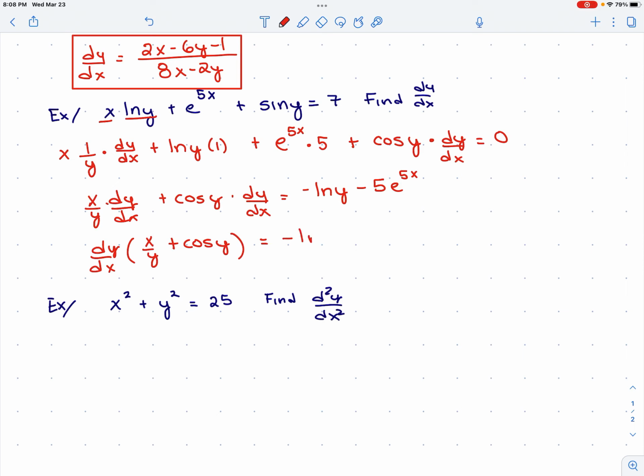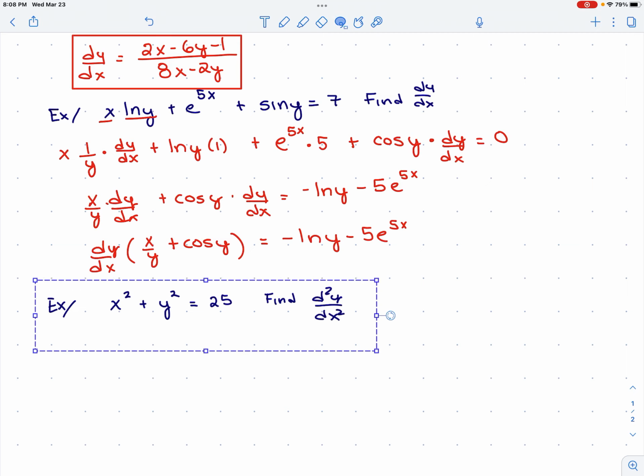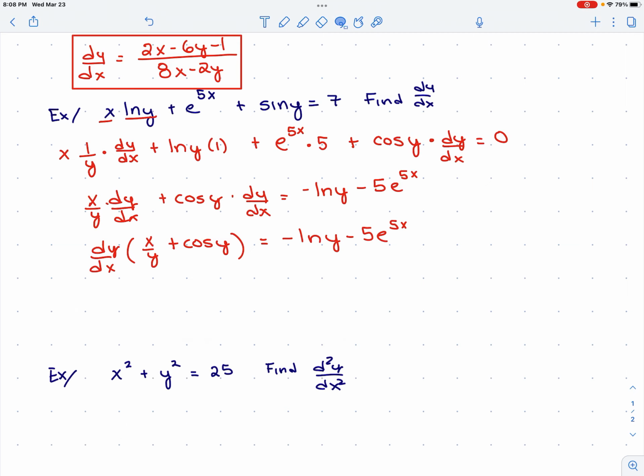And I get dy/dx is equal to minus ln y minus 5e to the 5x over the factored term. And then this could be simplified. So I shouldn't need 2 fractions. But we'll just leave it like that.